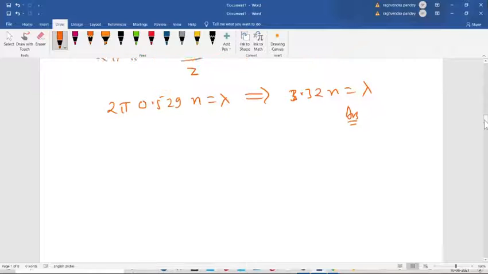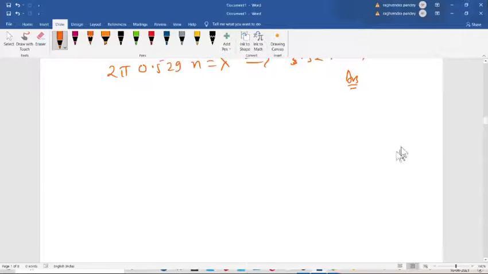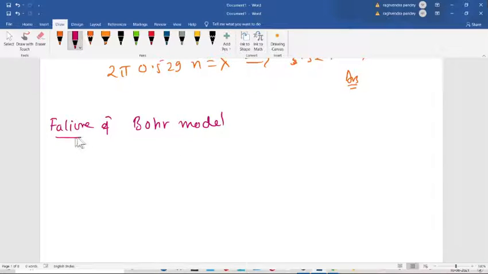Now coming on to the failure of Bohr model. The Bohr model is somewhat convincing, but it has a lot of problems.